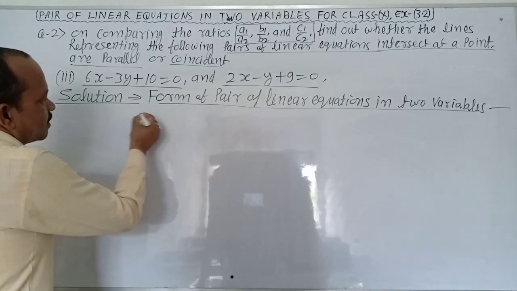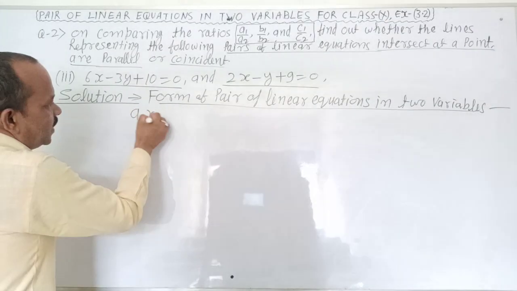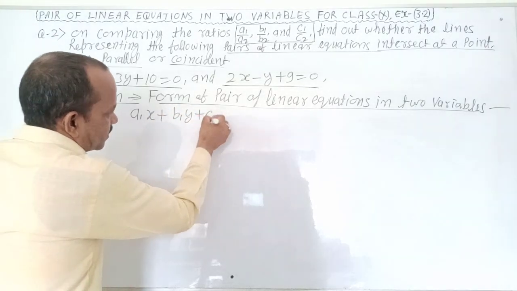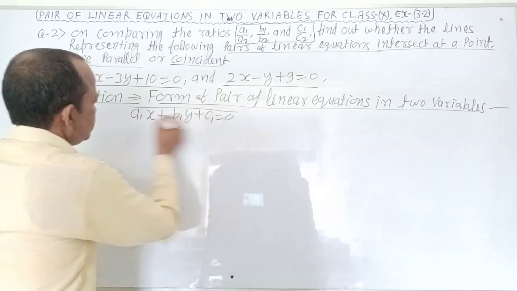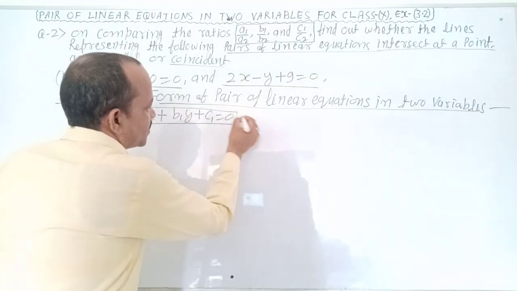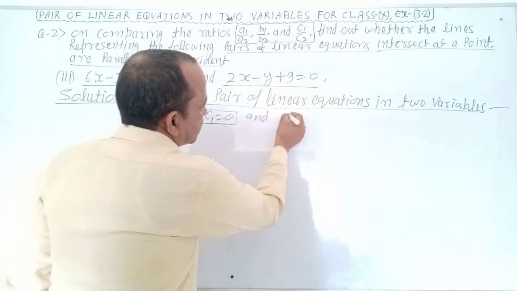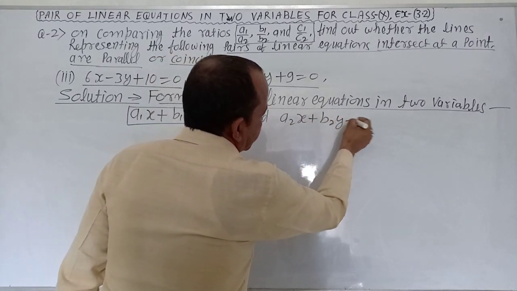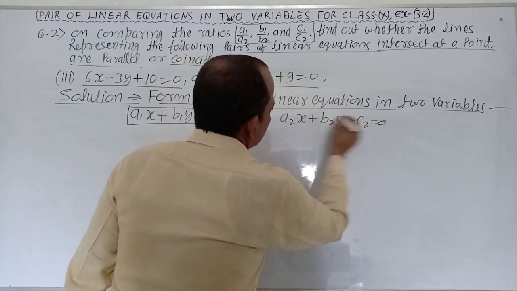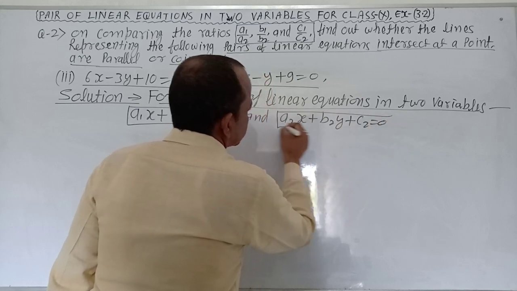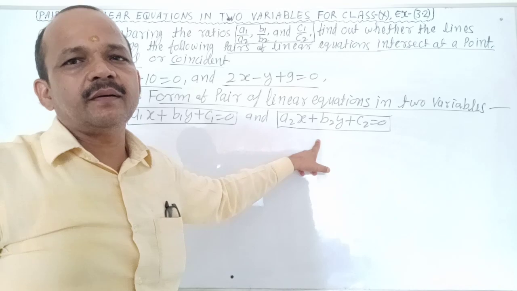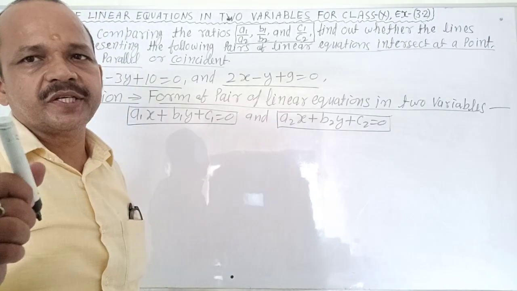Clear? a1x plus b1y plus c1 equals 0 and a2x plus b2y plus c2 equals 0. It is the form of a pair of linear equations in two variables. Clear?